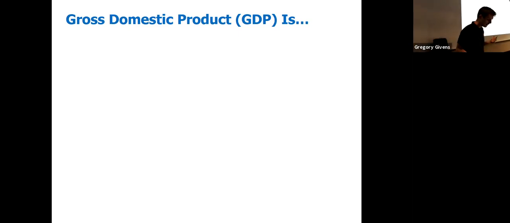Okay, now it's useful to talk about the specific definition for a variety of reasons, but I think most importantly, the reason is because only by looking at the specific definition and studying it in detail can we see what kinds of transactions get included and what kinds of transactions get excluded from our notion of GDP.